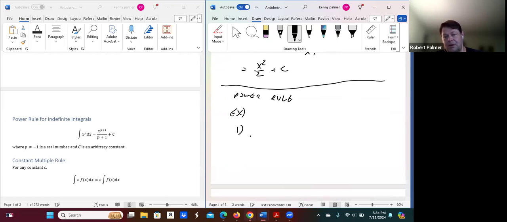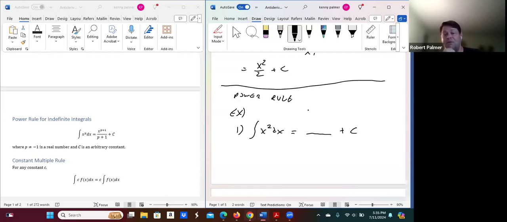So number 1, the indefinite integral of, let's do x cubed dx. Or no, just x squared dx. We'll get to cubed possibly later. X squared dx. Okay? So we're going to use this power rule. What it says, we're going to have a fraction. Also have a plus c. Okay, so just like, once again, if we're undoing a derivative, in a derivative, we reduce the power by 1.